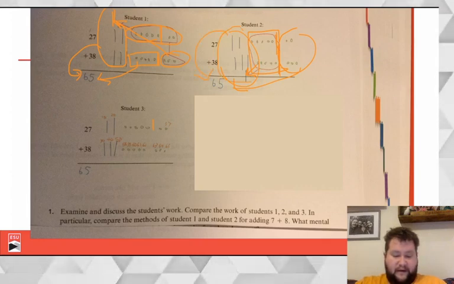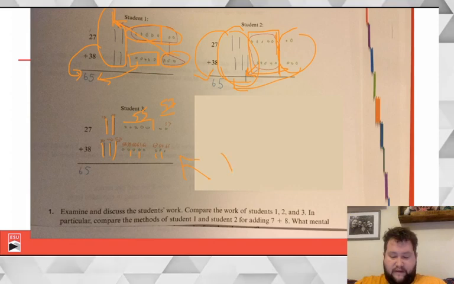And then the student here on the right, or in student 3, does essentially counting on. So they're counting on, they're like, well, we have 10, 20, 30, 40, 50, 55, 57, 58, 59, 60, 61, 62, 63, 64, 65. So there's counting on.